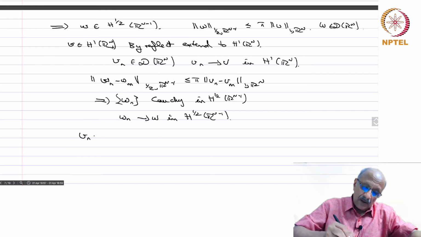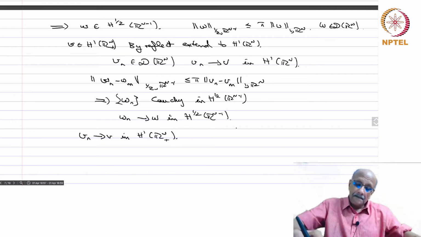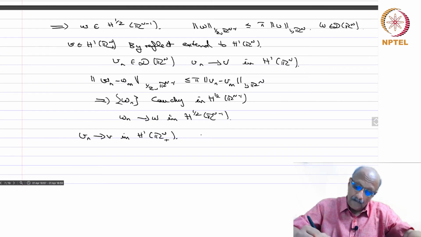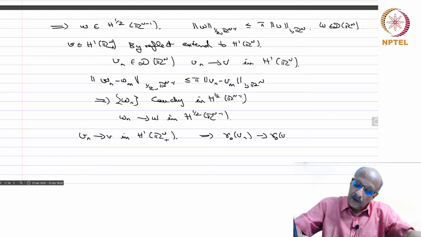But Vn also converges to V in H1 of Rn plus, and that implies that gamma naught Vn converges to gamma naught V in L2 of Rn minus 1.